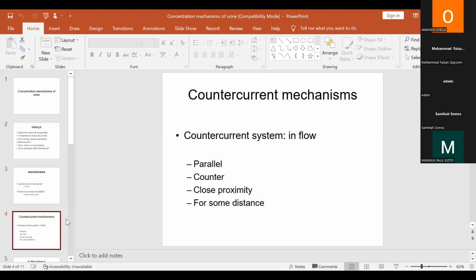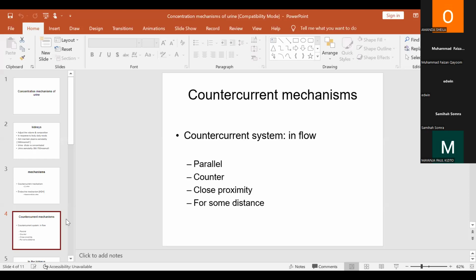In order to perform the countercurrent mechanism, the system must have a certain anatomical arrangement. You must have two limbs that are parallel to each other, like the descending and ascending loop of Henle. They are parallel to each other, and their flow is counter to each other.